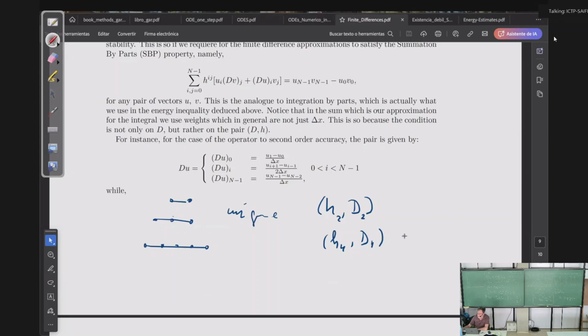This is already not unique. It is this one. It is unique if you require that this to be. You know what happens is that in the boundary, here the error is bigger. The error here, that is the difference between the derivative and the finite difference, the error is delta x. While here the error is delta x squared.